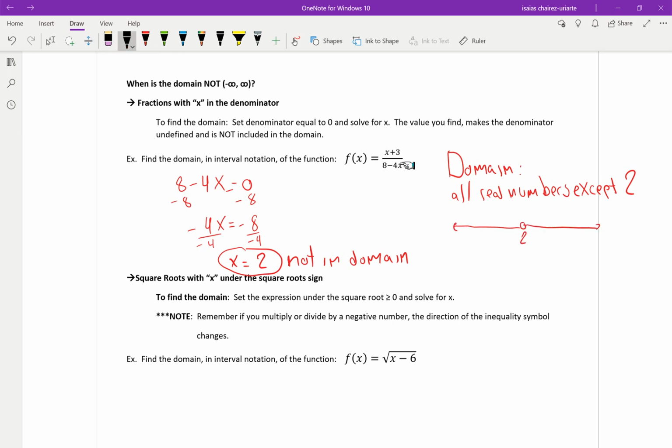It's everything except for 2. It's everything to the left of 2 and everything to the right of 2. How do we express that using interval notation? Well, it would be -infinity to 2, but I have to use a parenthesis with the 2 because it's not included, union, and then 2 to positive infinity.